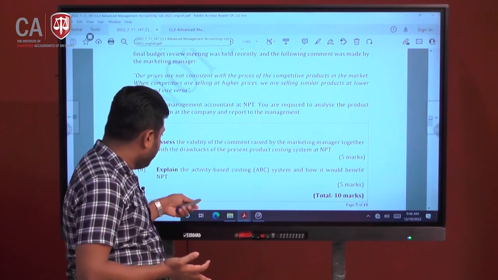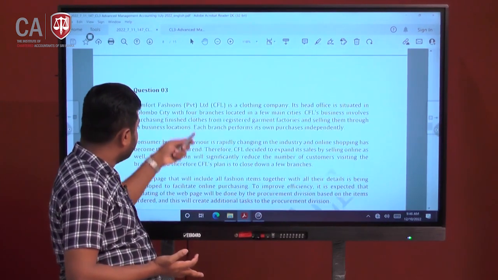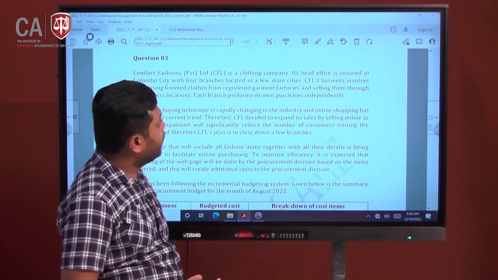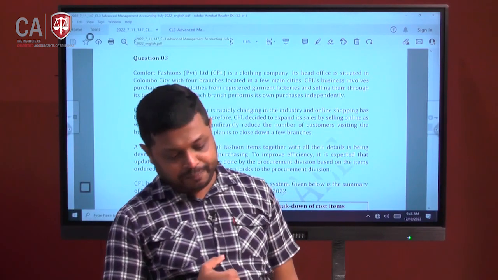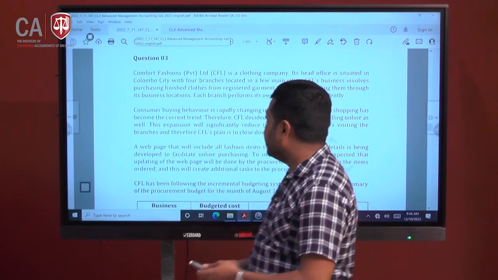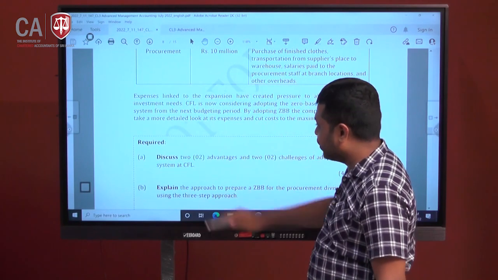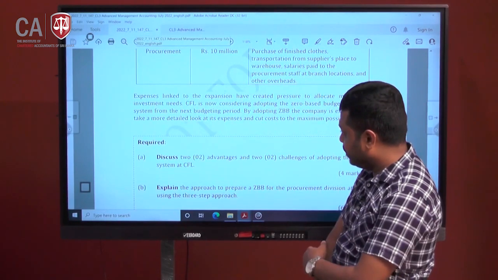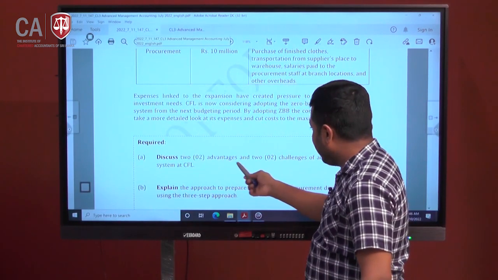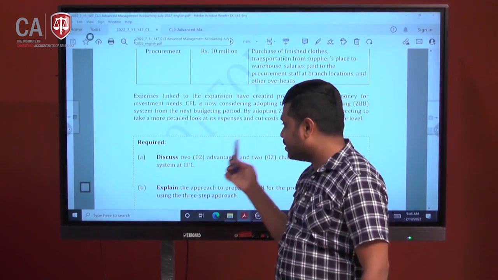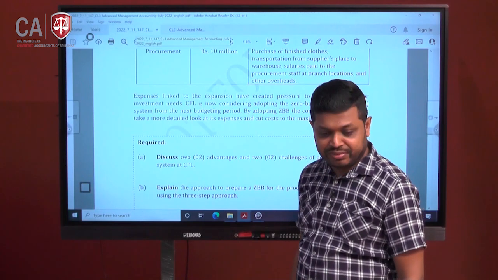Okay, now we will move to the third question. This is relating to budgeting, right. Okay, we will read this illustration. Prior to that, look at the requirement. Discuss 2 advantages and 2 challenges of adopting the zero-based budgeting system at CFL.